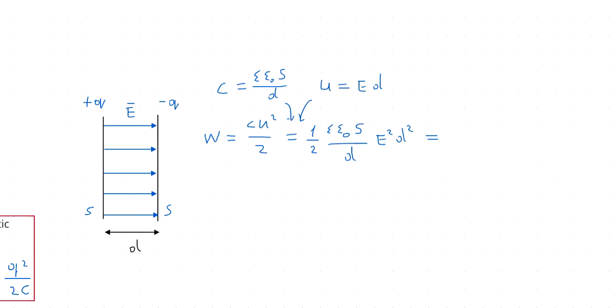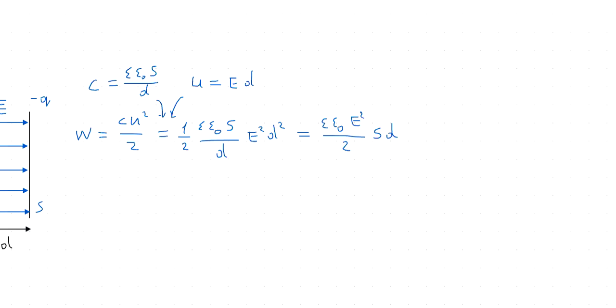After simplifying, we have epsilon 0 E squared divided by 2, multiplied by S and D. But for a parallel plate capacitor, the area of the plate S multiplied by the plate separation is equal to the volume between the plates of this capacitor.